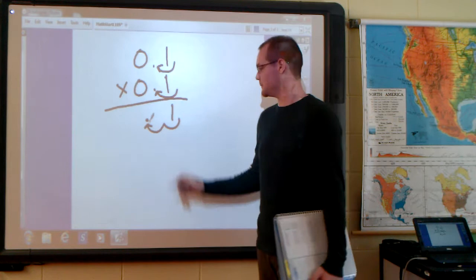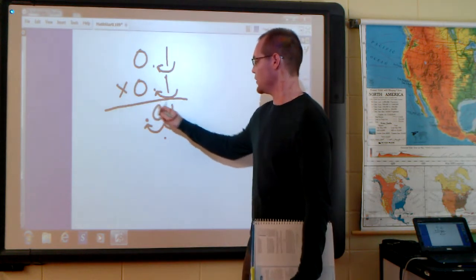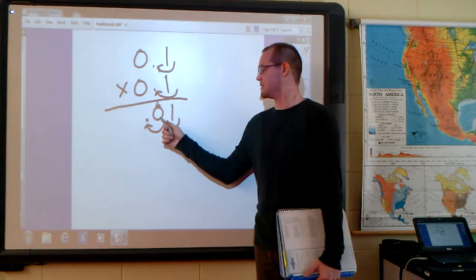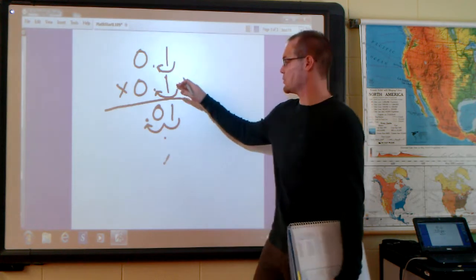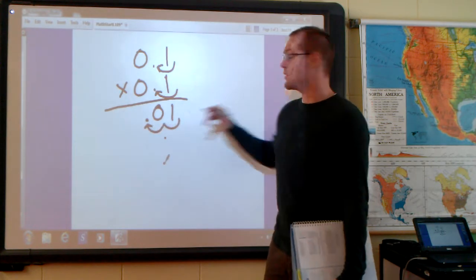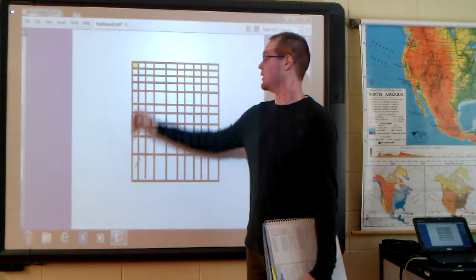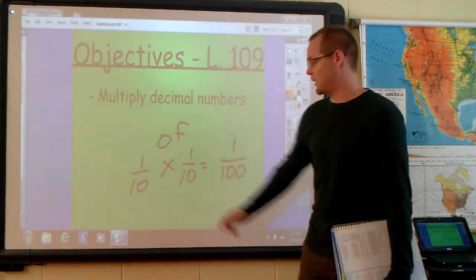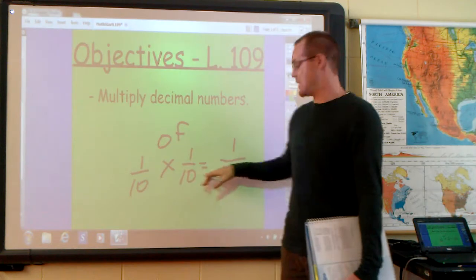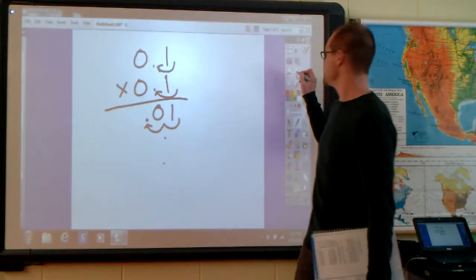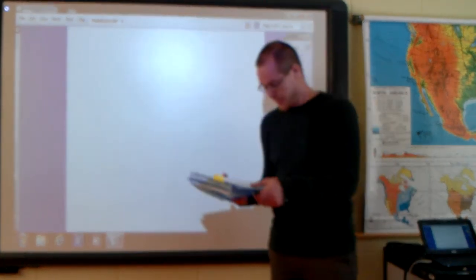Your decimal's there. This, of course, holds value, so you do have to place a 0 in there. 1/10 times 1/10 is 1/100th, just like 1/10 of 1/10 is 1/100th as fractions. So they all have some similarities there.